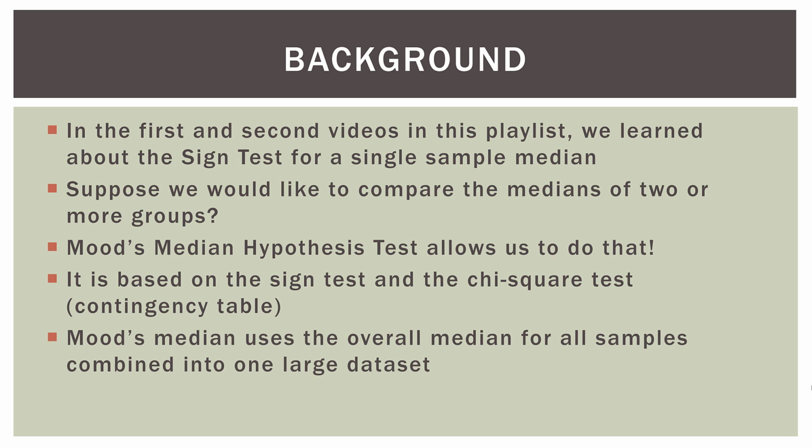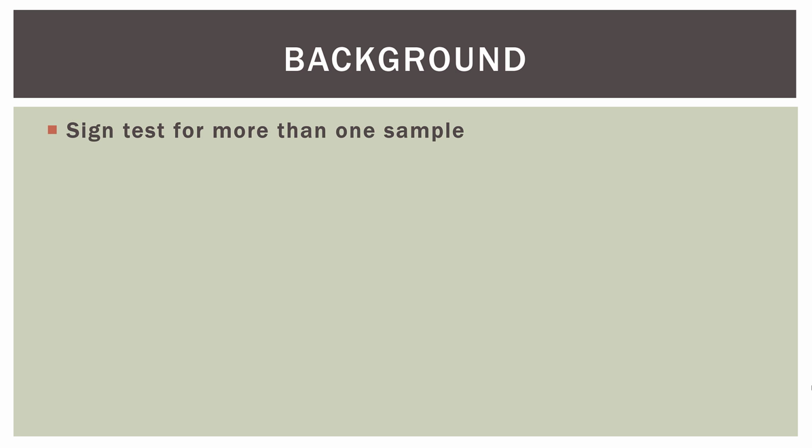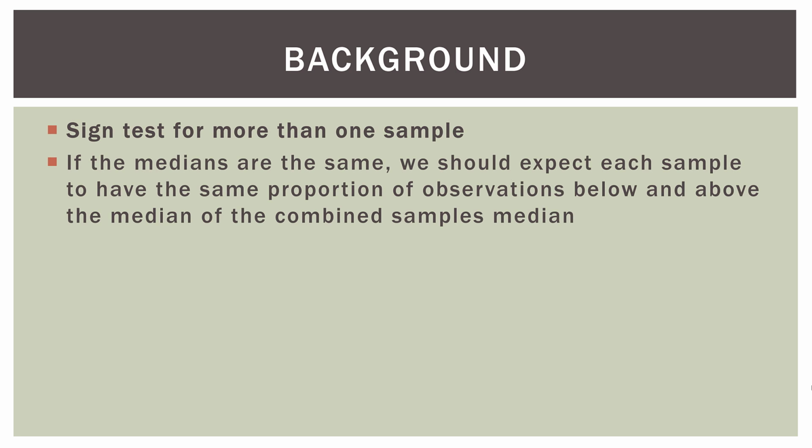Mood's median uses the overall median for all samples combined into one large data set. So if we have 2 samples, we take those 2 samples, combine the data all together, and then we use the median of that combined data set. And that holds true if we have 3, 4, 5, however many samples we might have. So think of it as the sign test for more than 1 sample.